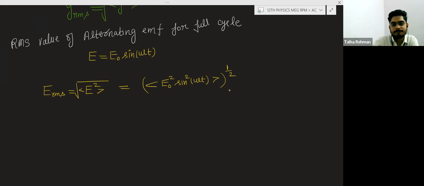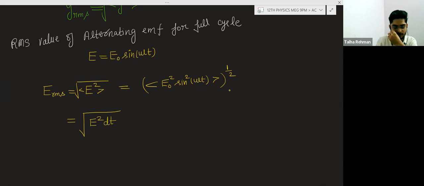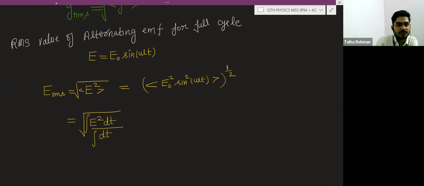Now we will calculate the average of this E square. So average of this E square can be calculated as integration of E square dt divided by integration of dt, and here also you will put integration.